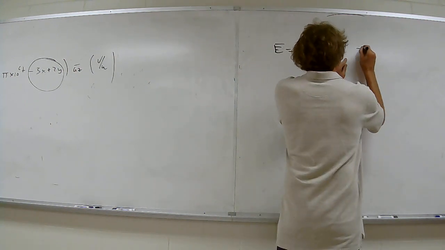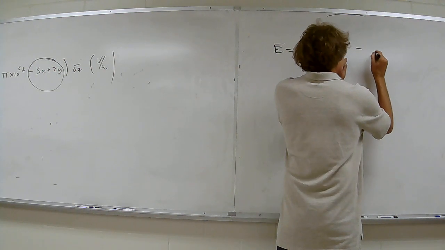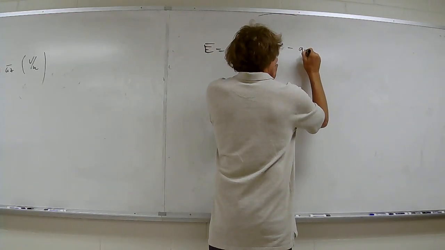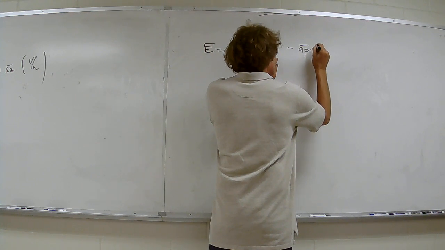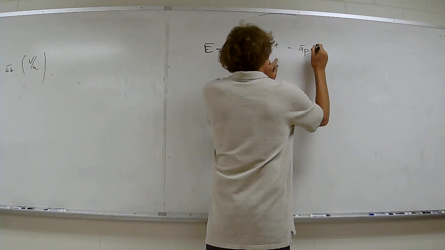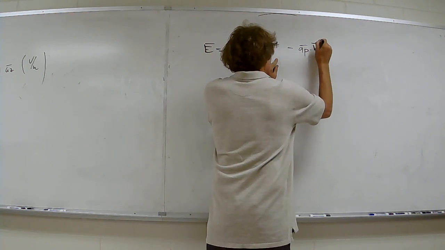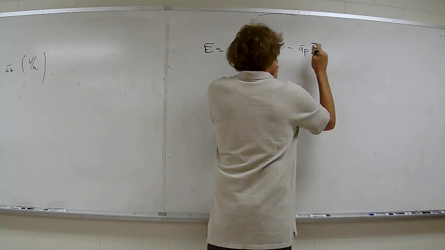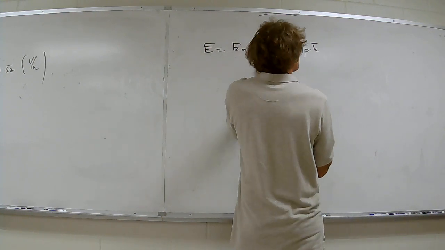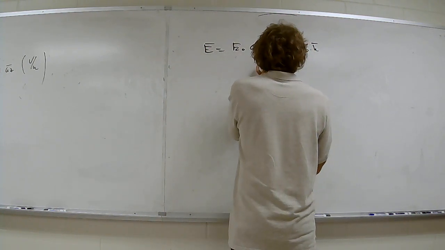Then it will be minus, and here it's going to be a unit vector in the direction of propagation, dotted with or times either vector k, and I'll get to that in a second, as such. I'm trying to say this in a way that's meaningful.